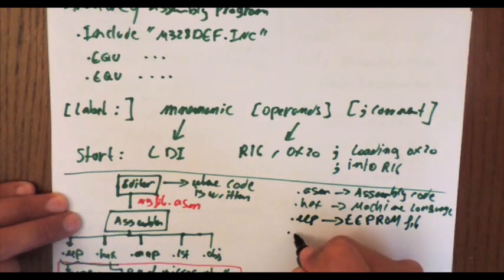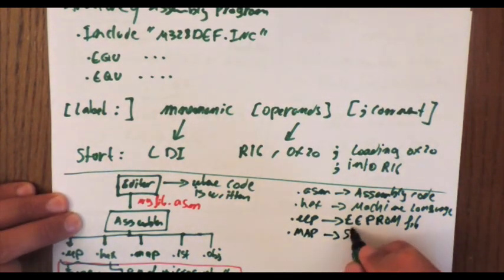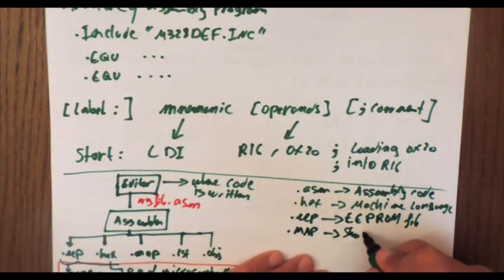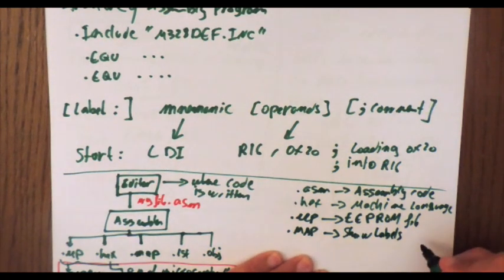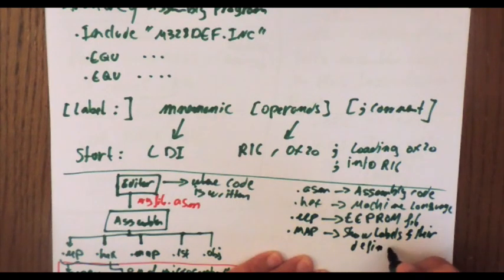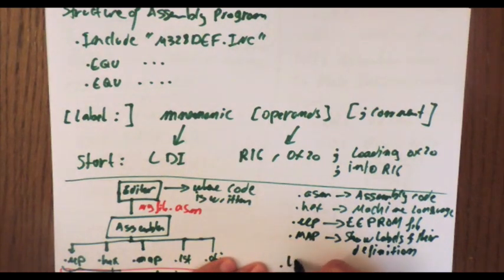We have the .map, and this file is used to show labels and their definitions. And .list, which is binary and source code. And this can be optional.